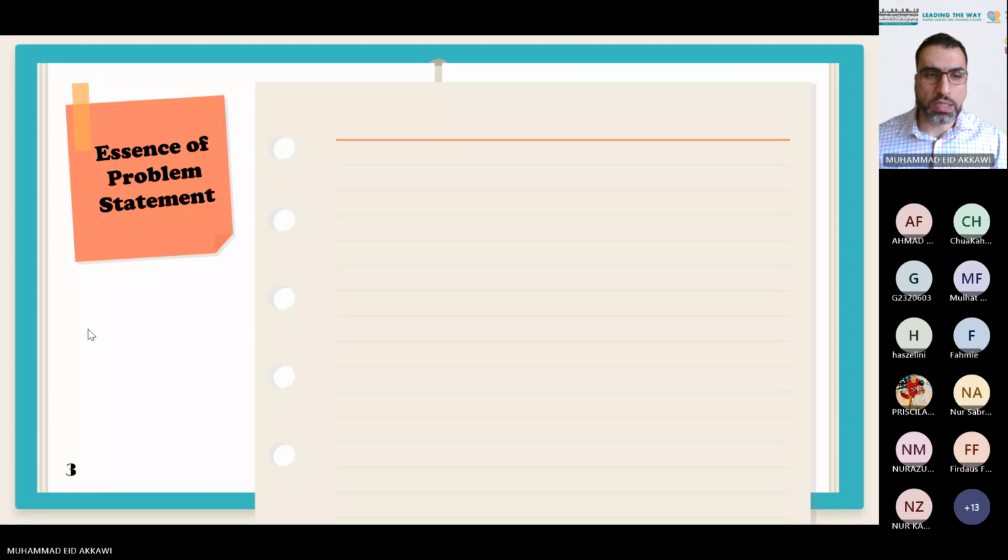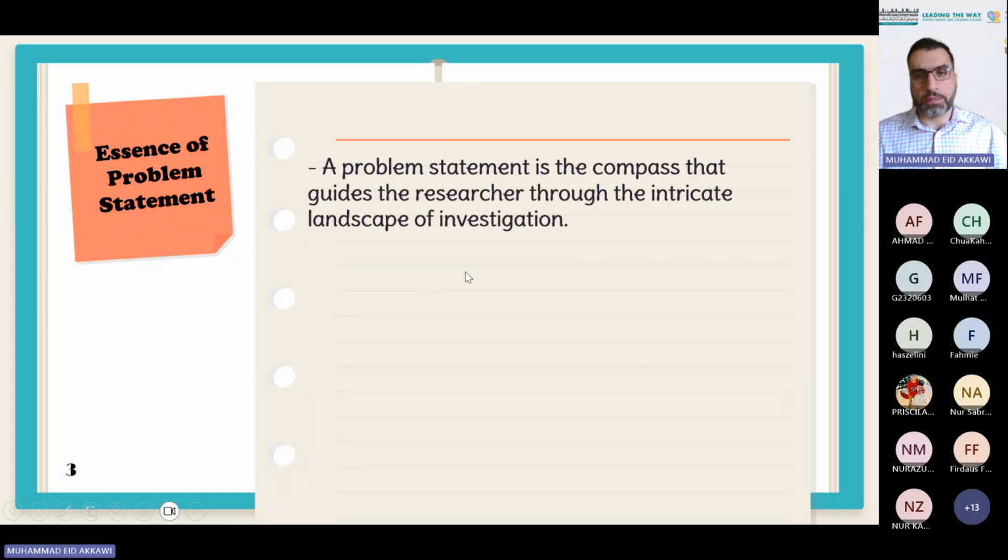So the basics, or the essence, of problem statements. You need to think about your problem statement as the compass that will guide you in your research journey, especially when you start your research journey.